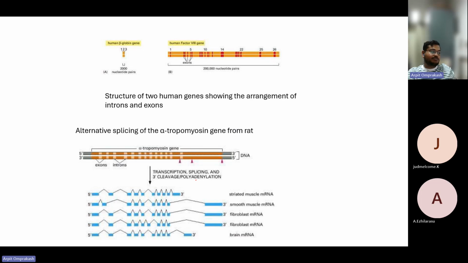By alternative splicing, the same gene in eukaryotes can give rise to multiple messenger RNA fragments, which lead to different kinds of muscle proteins, for example fibroblast, smooth muscle or striated muscles. So that's one benefit of having an intron exon system.